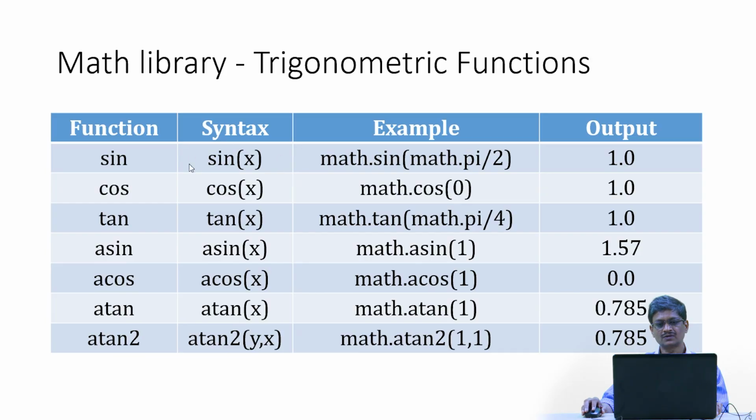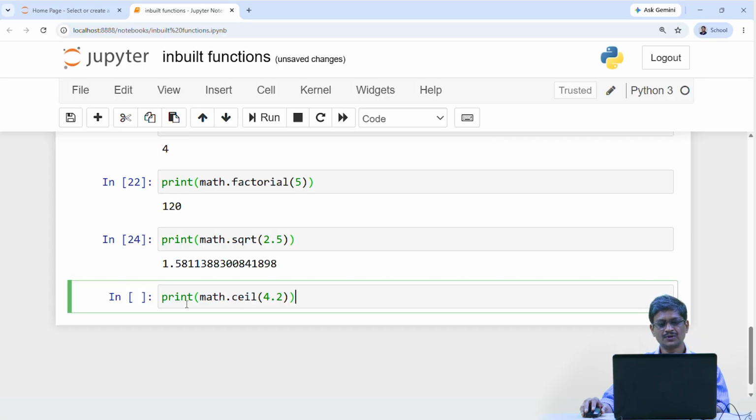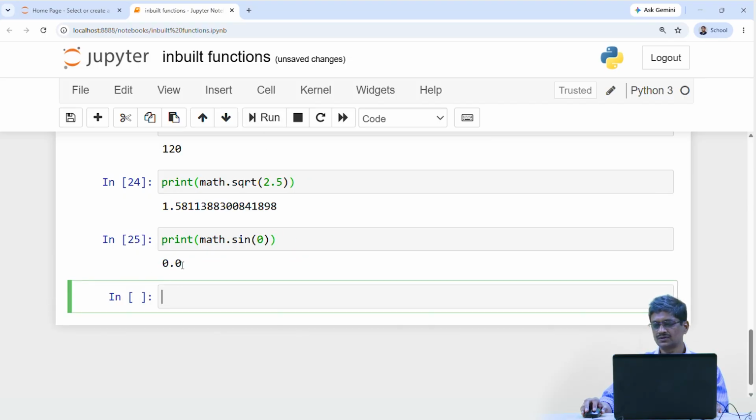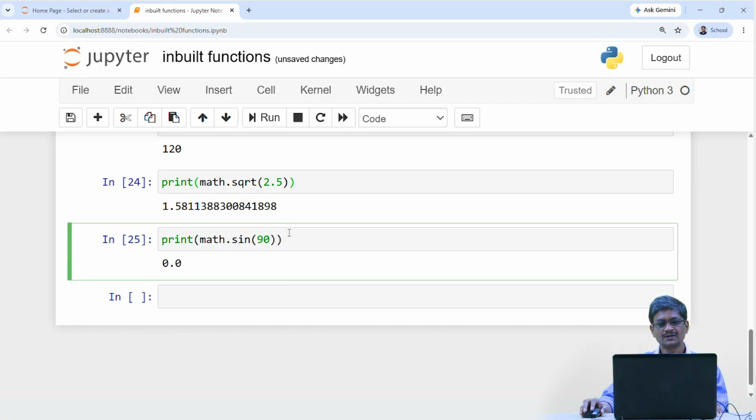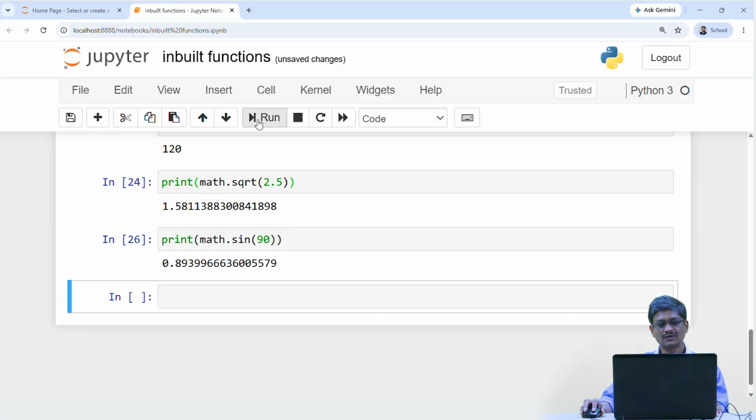Let us calculate first of all sine. So here I am pasting this once again, math.sin of let us say 0. So if I use sine of 0, the output will be 0 because sine of 0 is 0. Now if you try sine of 90, see what is happening. Sine of 90 degrees is coming out to be 0.89399.